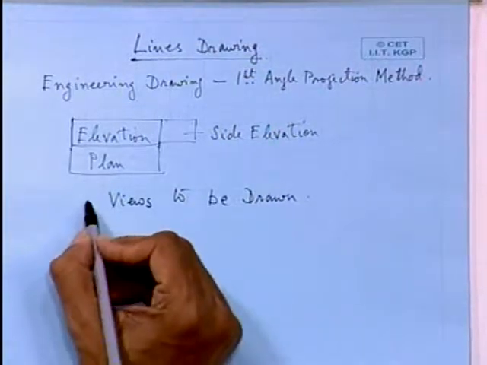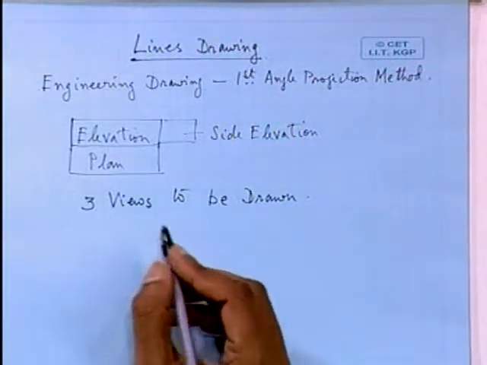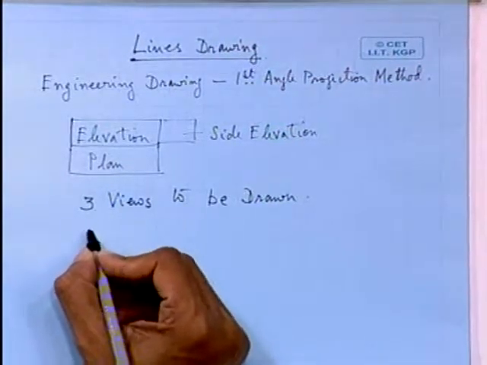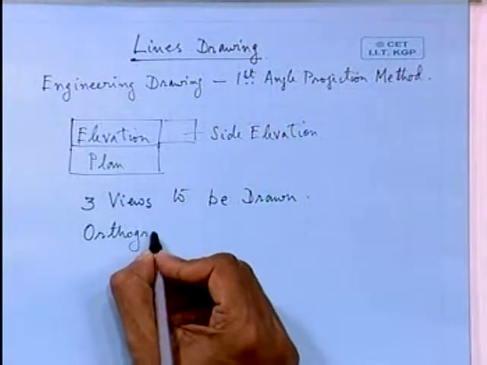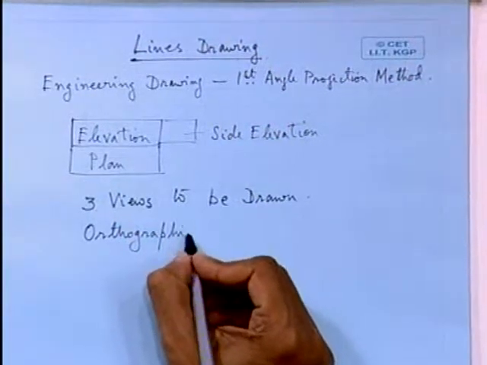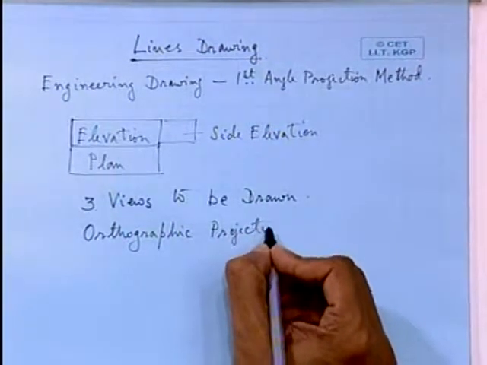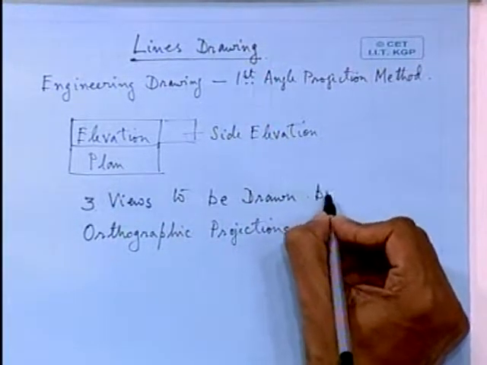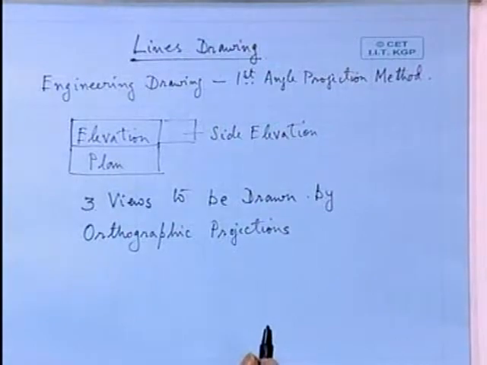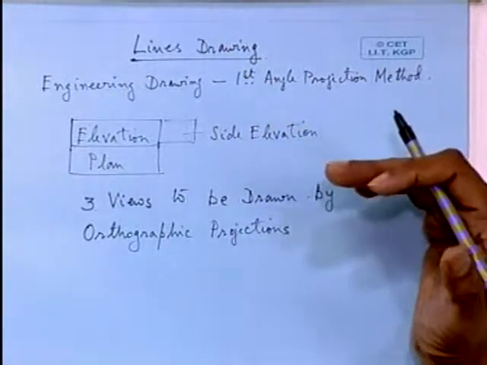So here you have basically three views to be drawn, and you draw them by means of what is called orthographic projections. Orthographic, as the name suggests, means perpendicular projections on vertical planes.